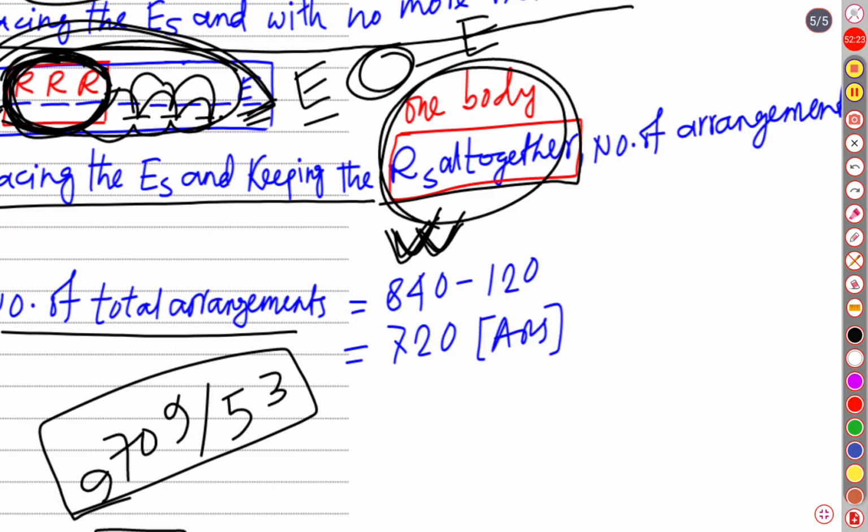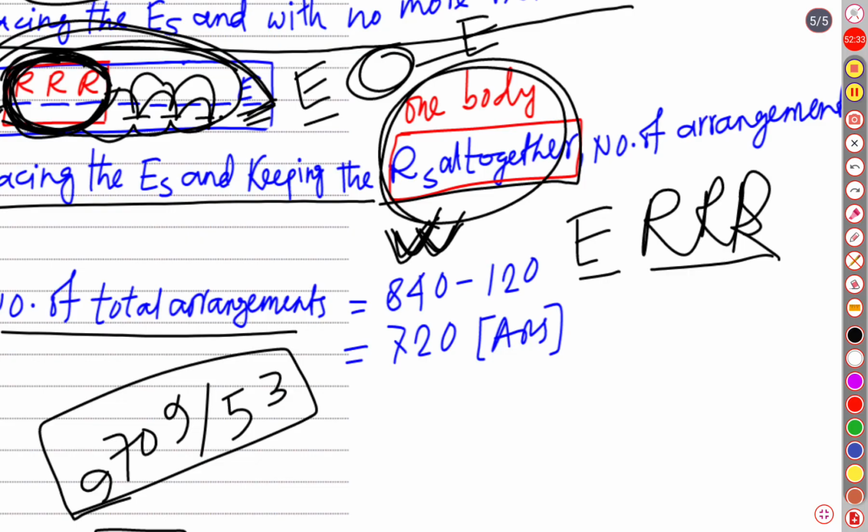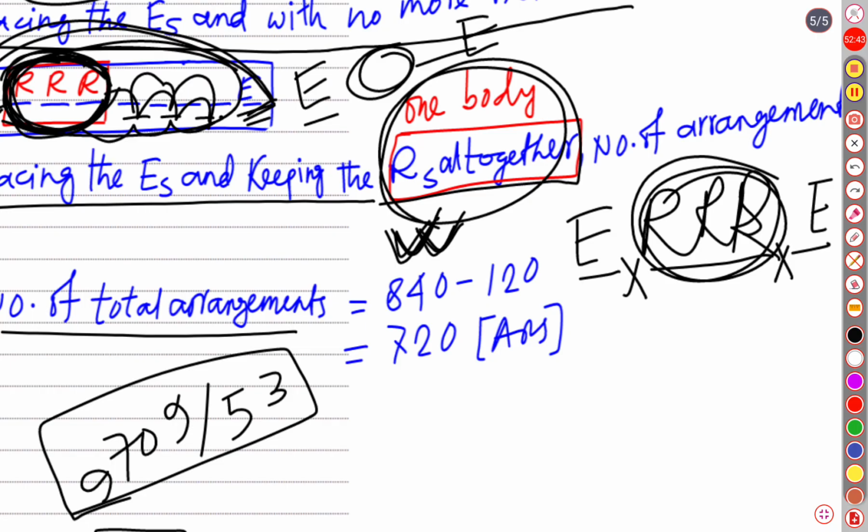840 is the answer. Then we have supposed all the r's together, and at the beginning there is an e, and at the end also there is an e. Then in between them there are some places, and we have got that when all the r's are together, there may be 120 ways.